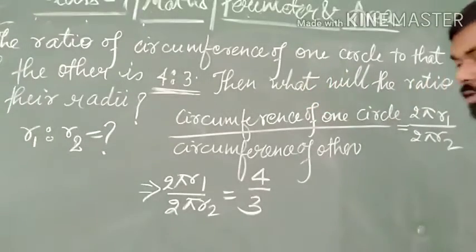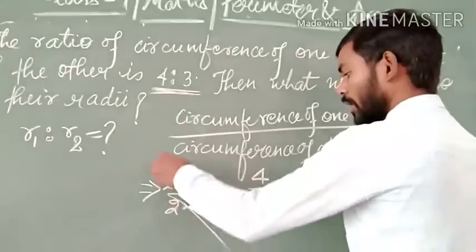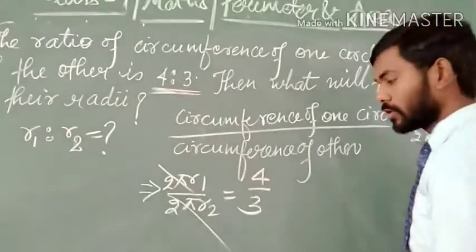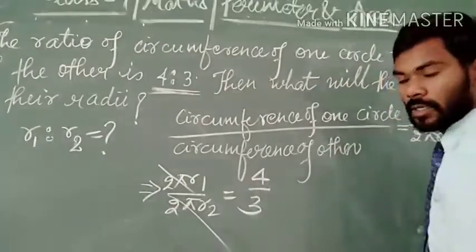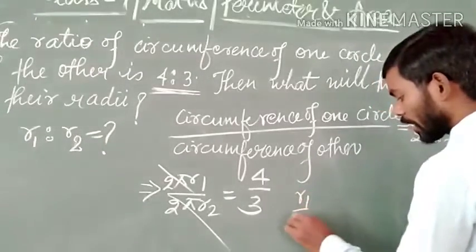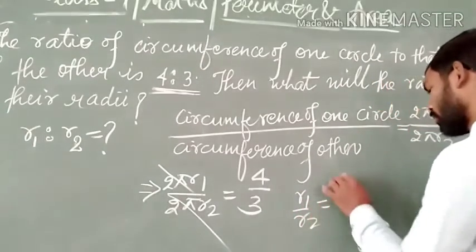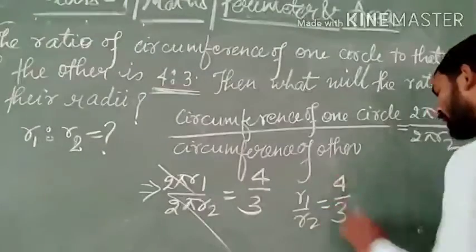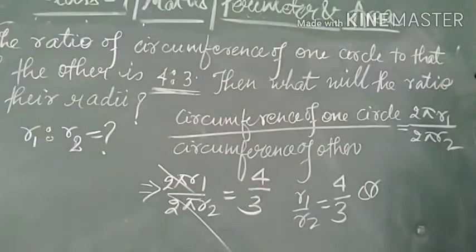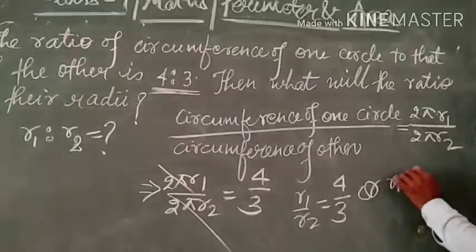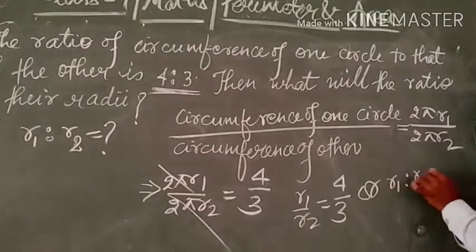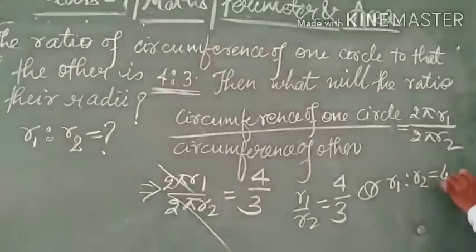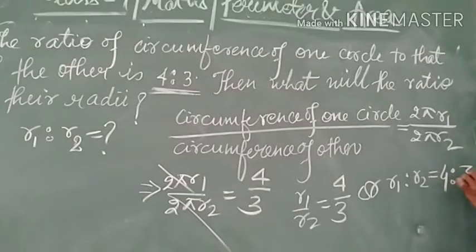Here 2 pi and 2 pi cancel out, and we get R1 upon R2 is equal to 4 upon 3, or R1 ratio R2 is equal to 4 ratio 3.